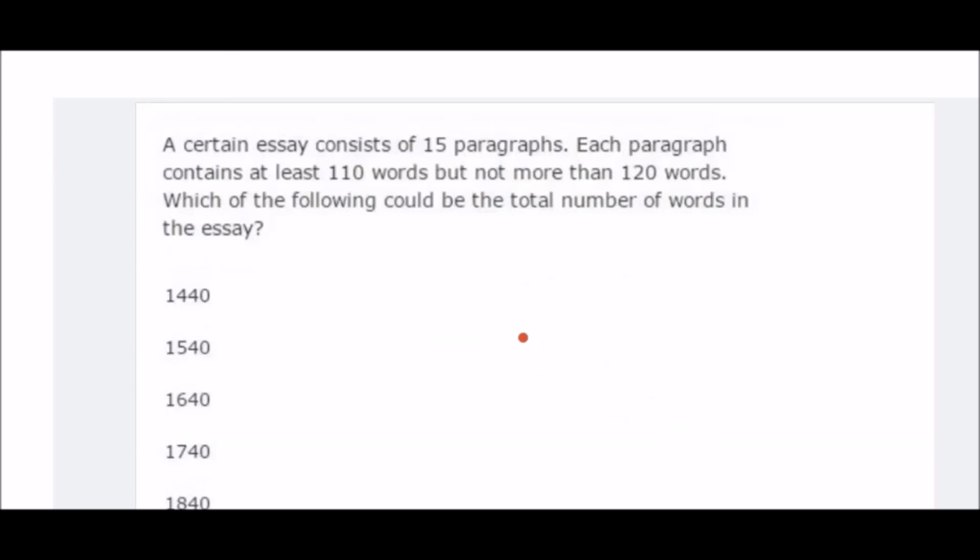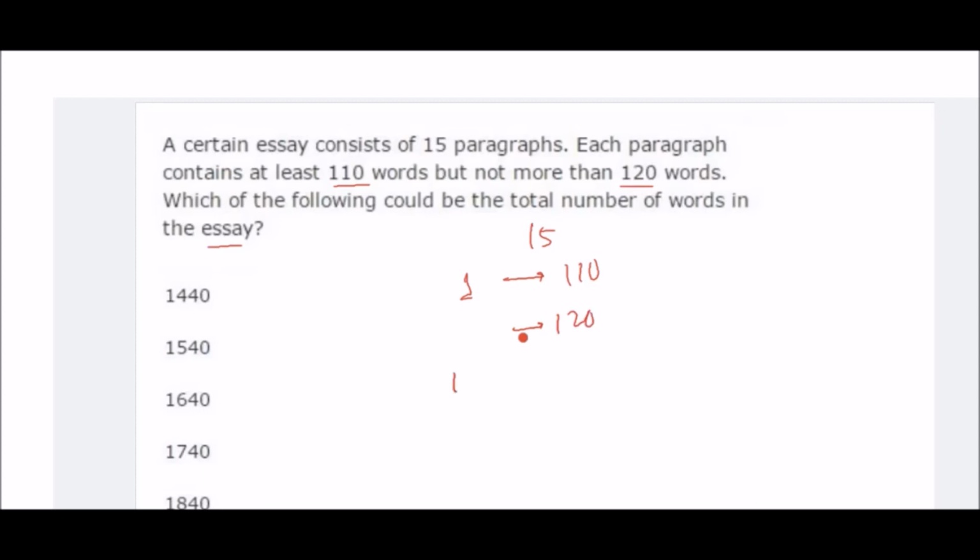So here is our last question of this part. A certain essay consists of 15 paragraphs. Each paragraph contains at least 110 words, but not more than 120 words. Which of the following could be the total number of words in the essay? See, there are a total of 15 paragraphs. So for one paragraph, the minimum is 110 words and the maximum is 120 words, right?